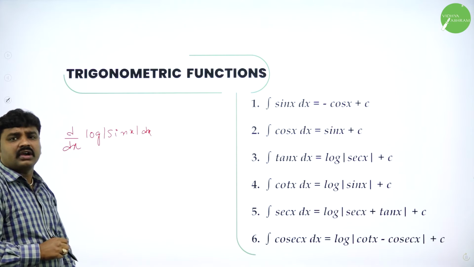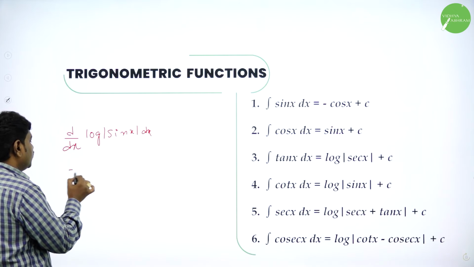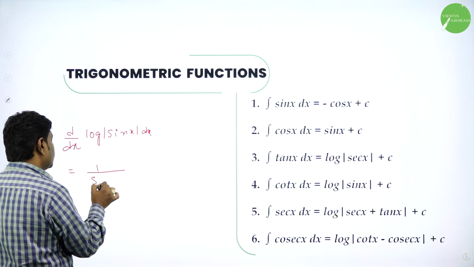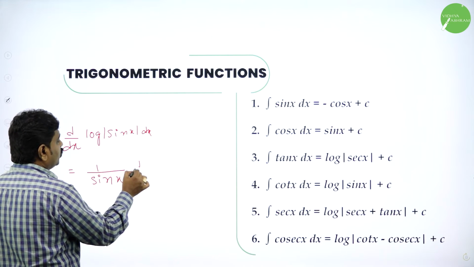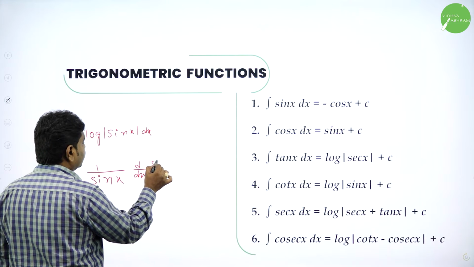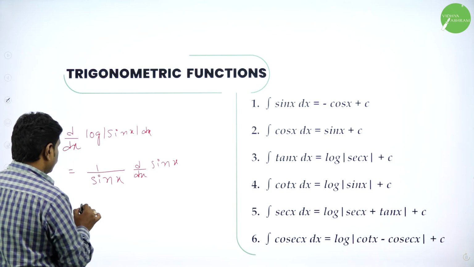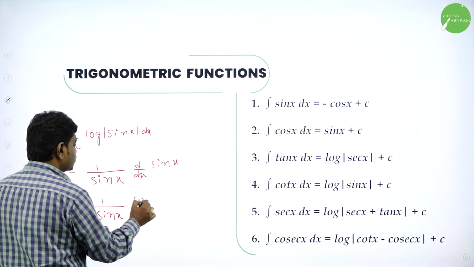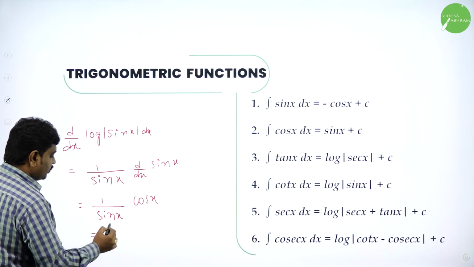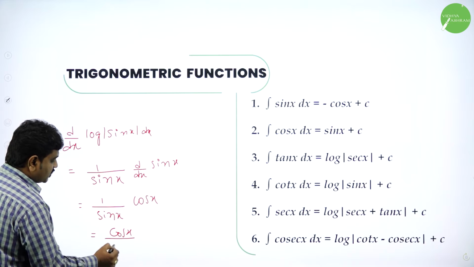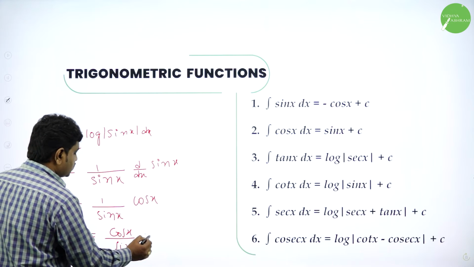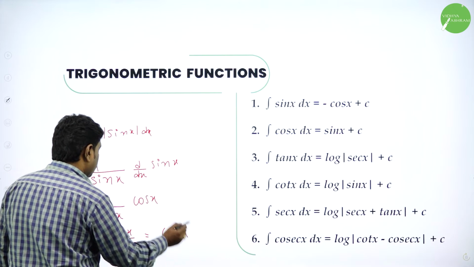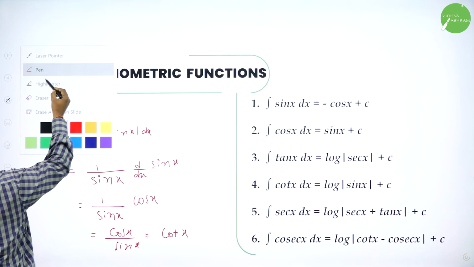The derivative of log f of x is 1 by f of x into d by dx of f of x. So it will become 1 by sin x into the derivative of the internal function, sin x, which is cos x. That becomes cos x by sin x. What is cos x by sin x? It is cot x.